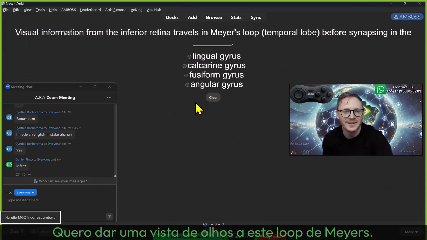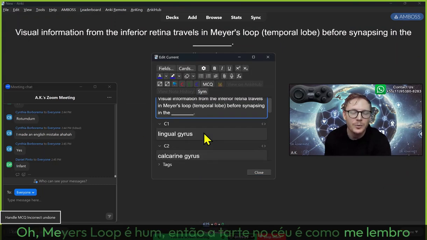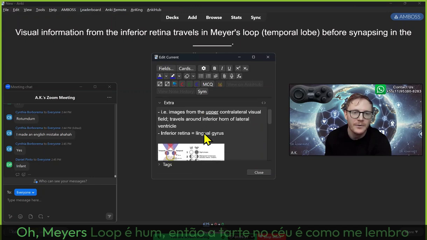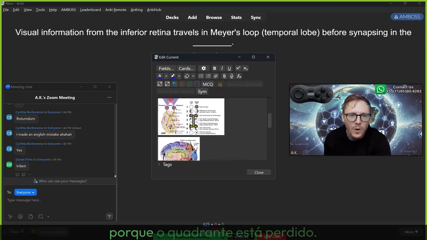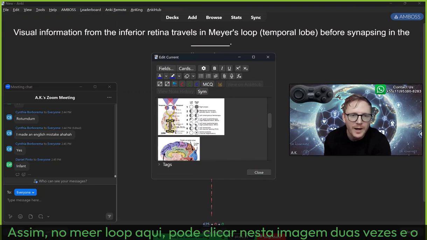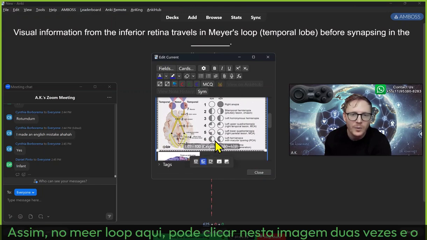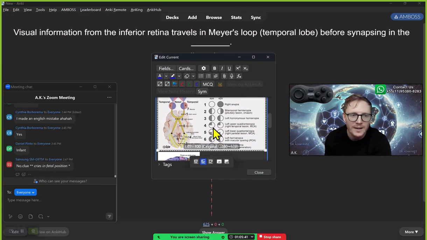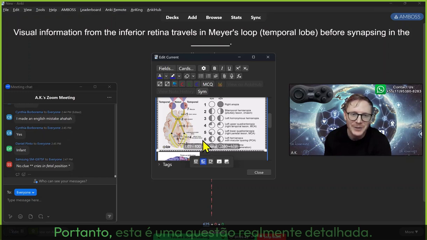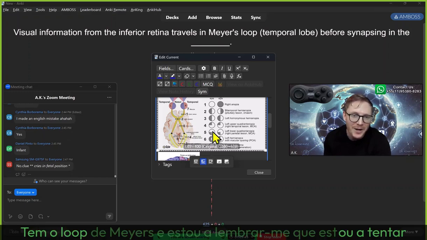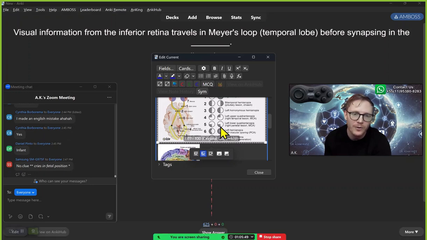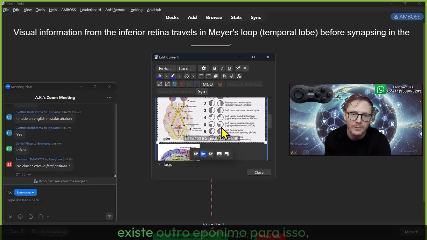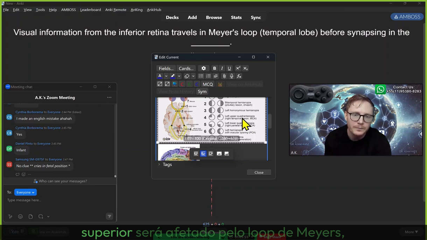Okay, so let's look at it. Meyer's loop, the pie in the sky, is how I remember this, because of the quadrant that is lost. You can click this image twice and it'll be increased in size. This is a really detailed question. There's the Meyer's loop, and the left upper quadrant will be affected.